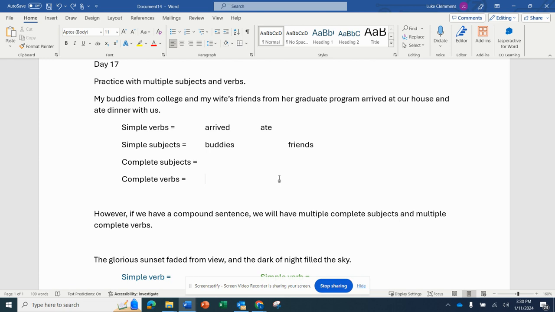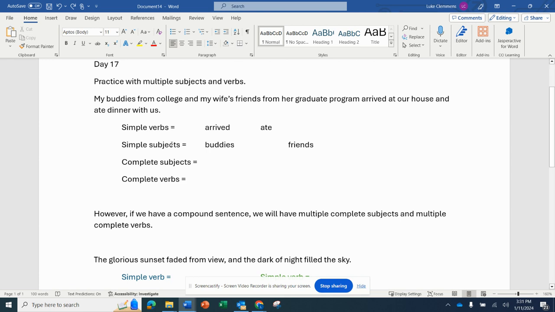Okay, so there's really a little bit of a correction I should do here down where it says complete subjects and complete verbs. Because this is a simple sentence, meaning there's only one complete thought in this sentence, we're not going to have multiple complete subjects and we're not going to have multiple complete verbs. Okay? Instead, what you're going to see is when we do the complete subjects and the complete verbs, we only have one of each.